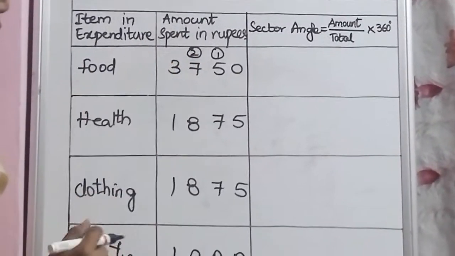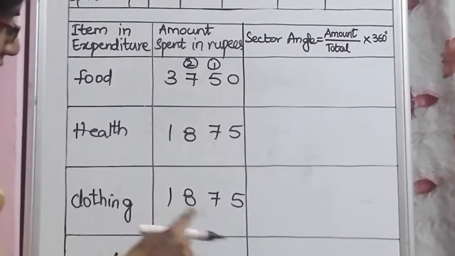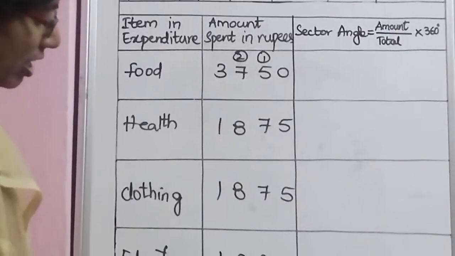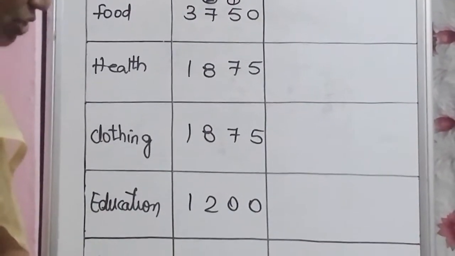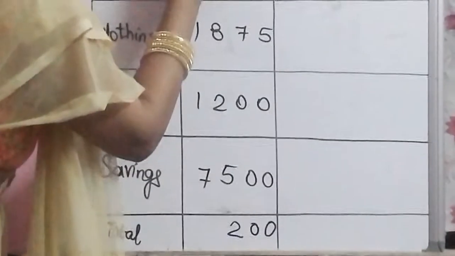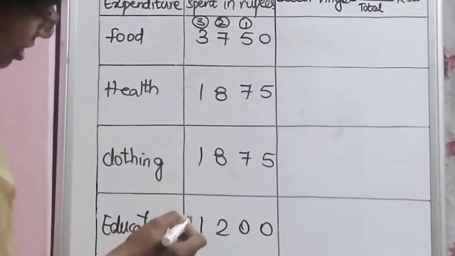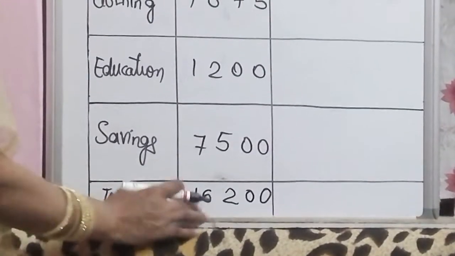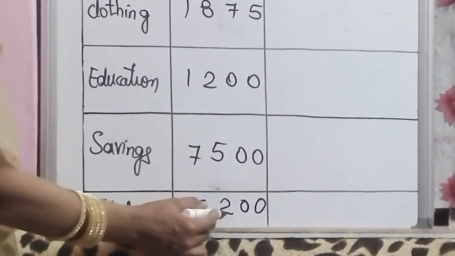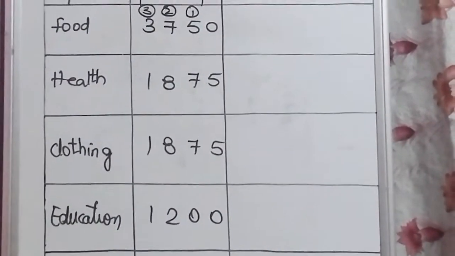Now 7 plus 2 is 9. 9 plus 8 is 17. 17 plus 8, or 17 plus 10, since 8 plus 2 is 10. 17 plus 10 is 27. 27 plus 5 is 32. 2 here and 3 carry. 3 plus 3 is 6. 7, 8, 9. 9 plus 6 is 16. So you got 16,200. 16,200 is the total you got.